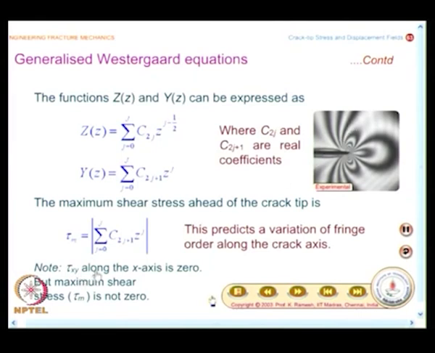So, what you find here is, when you take capital Z as well as capital Y and ensure that the imaginary part of capital Y is 0 on y equal to 0, you satisfy shear stress tau xy is 0 along the crack axis. At the same time, maximum shear stress varies along the crack axis. So, only from this perspective I said the conventional Westergaard solution was inadequate. It is not wrong, it was inadequate to represent all the features that you observe in an experiment.